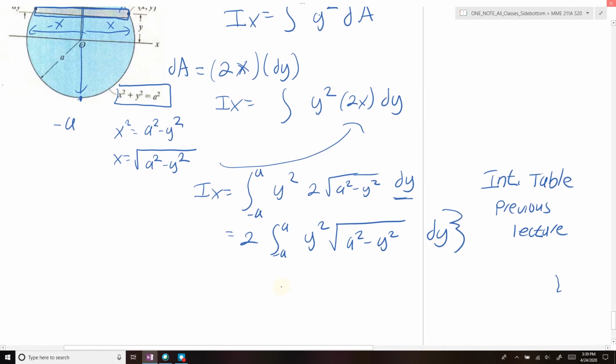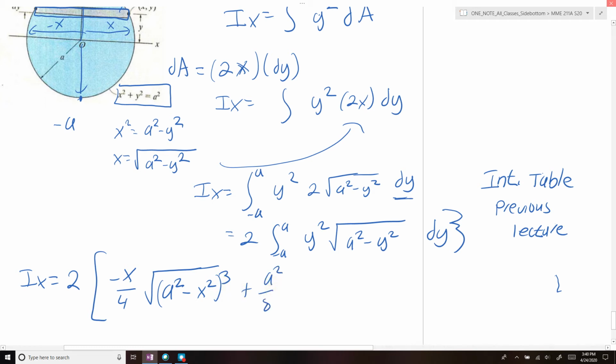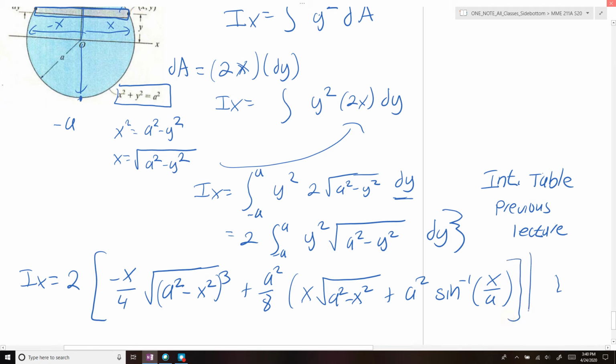We find that I of x is equal to 2 times [minus x over 4 times the square root of a squared minus x squared, cubed, plus a squared over 8 times x times the square root of a squared minus x squared, plus a squared times the inverse sine of x over a], and this whole thing in the square brackets gets evaluated from a to negative a.